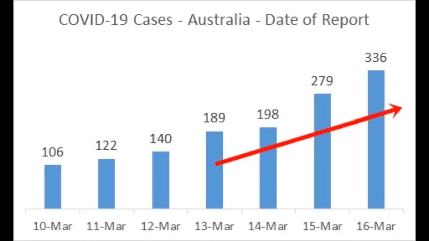And from 189 through to 336, we're going to have doubled by tomorrow, making it again 4 days to double the count of cases. So there's a 4-day doubling time. Every 4 days, the number of cases doubles. This leads to an exponential growth.